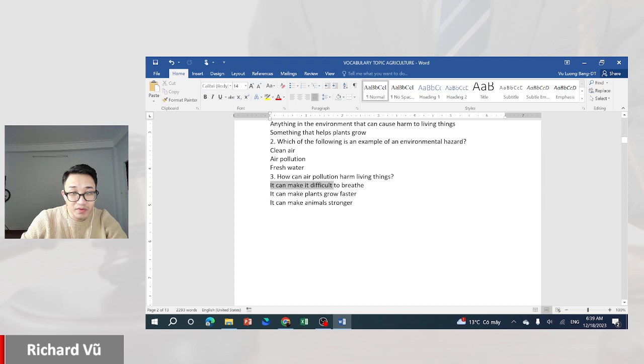It can make it difficult to breathe, right? It is the correct answer. It can make it difficult to breathe. Air pollution harms living things.